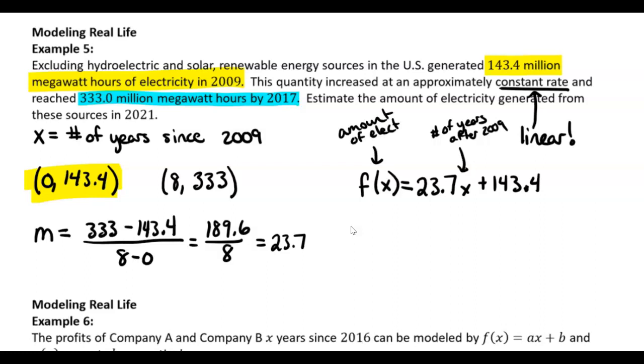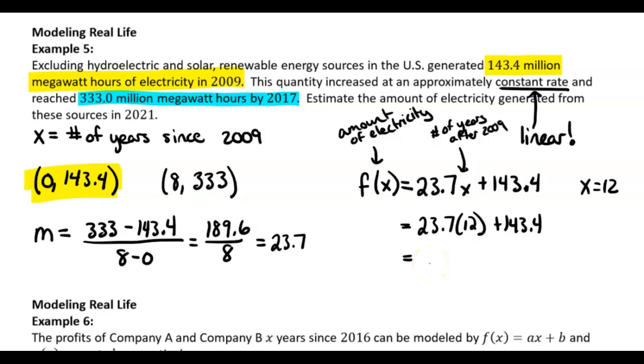So if we are wanting to generate 2021, then that would be x equals 12. We would plug in 12 years to get to 2021. So we would do 23.7 times 12 plus 143.4, and we would do that in a calculator.